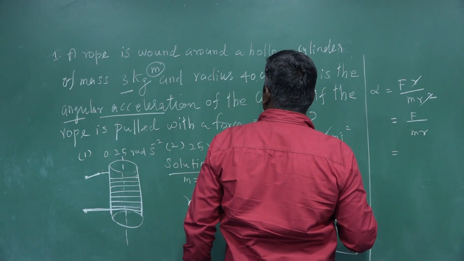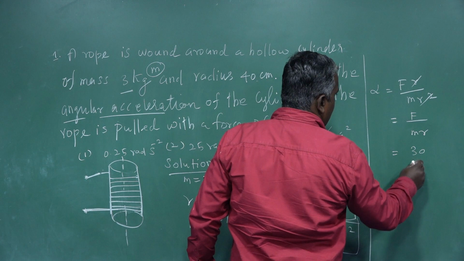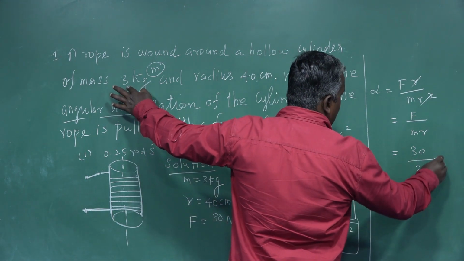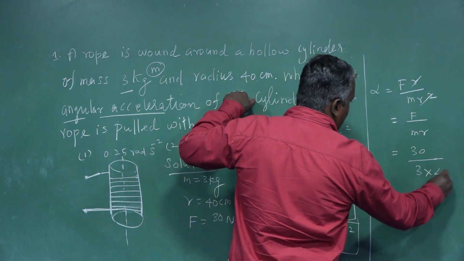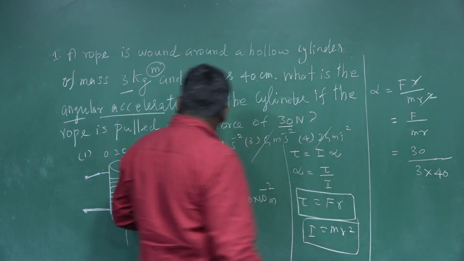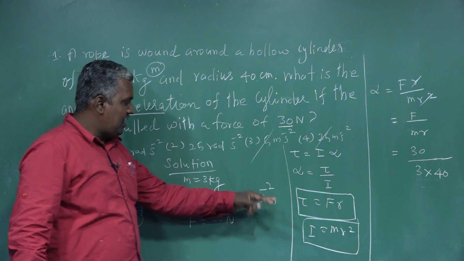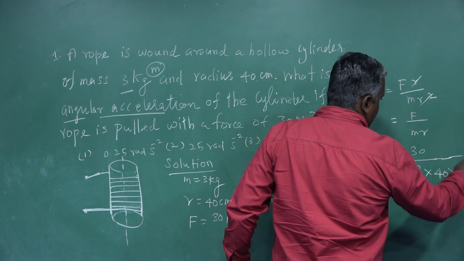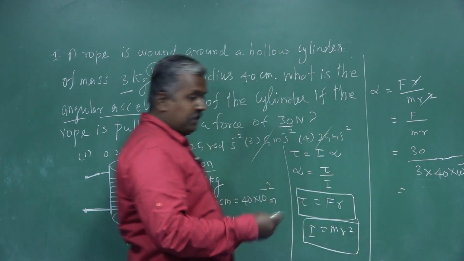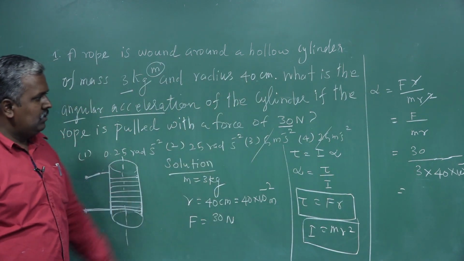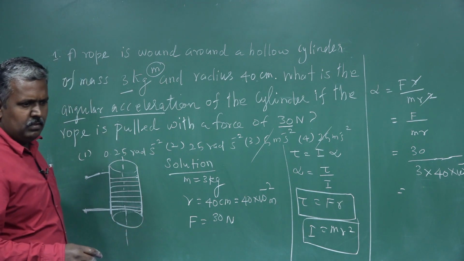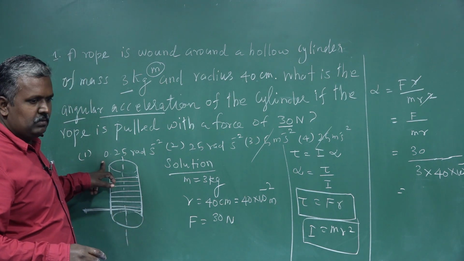Substitute the F value, 30, by the M value, 3, and R, 40 centimeter, but you must convert to meter. So 40 into 10 power minus 2. Try yourself. Very good. Which option? First? No, that is wrong.